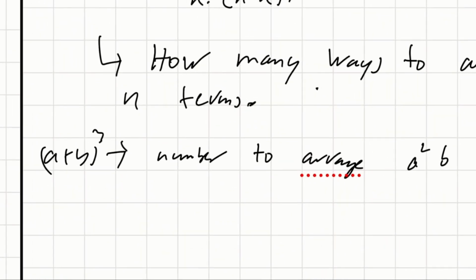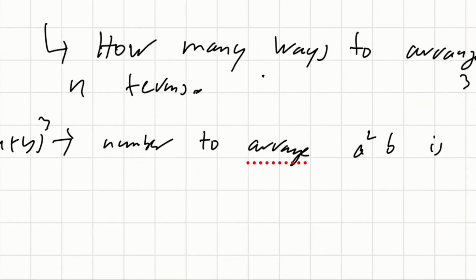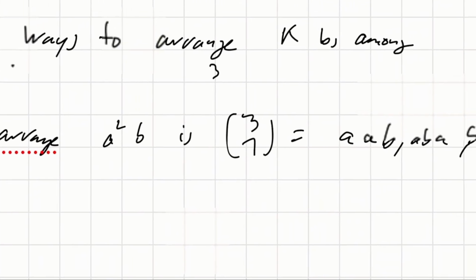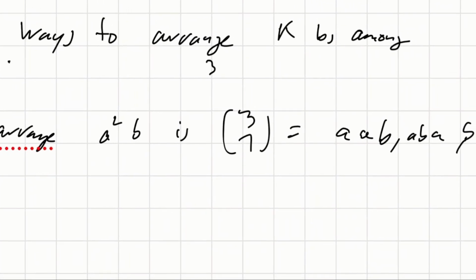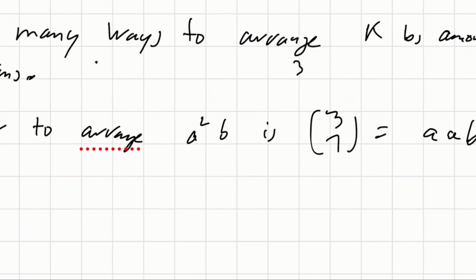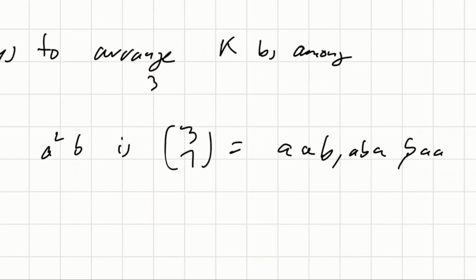Let's take, for example, a plus b with the exponent of 3. The number of ways to arrange a squared b is 3 over 1. What is 3 over 1? Correctly, 3. Okay? Why does this make sense? We have a plus b to the 3. You can check this by yourself.